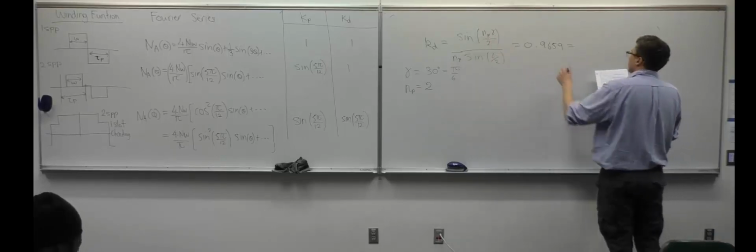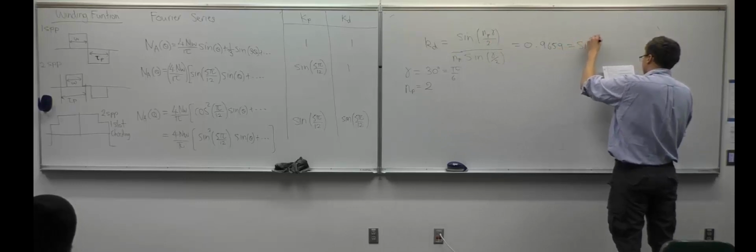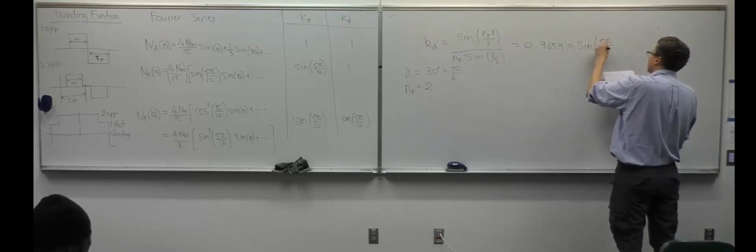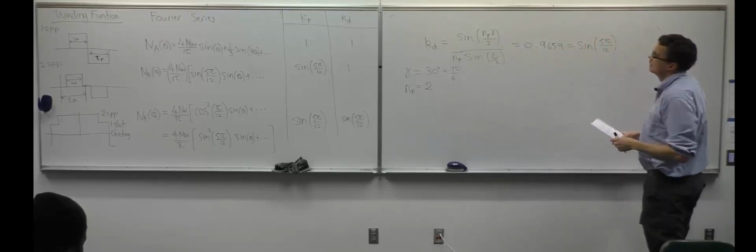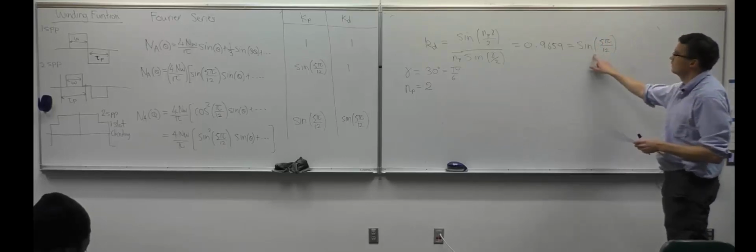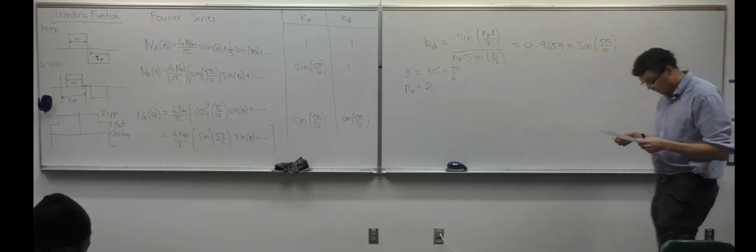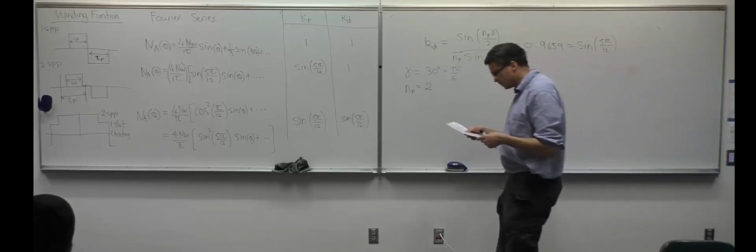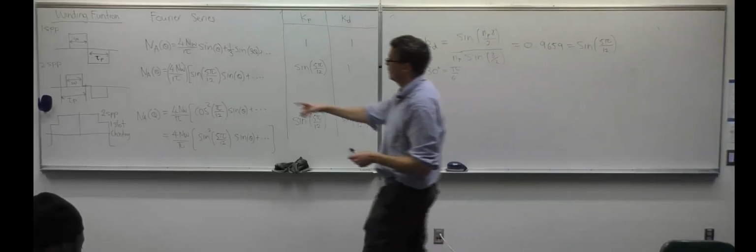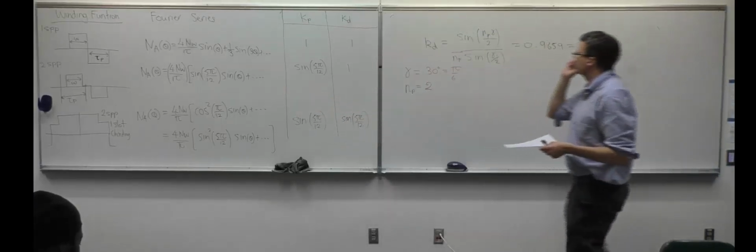So when we do that, this is actually equal to sine 5 pi over 12, which is actually simpler looking. Does that make sense?